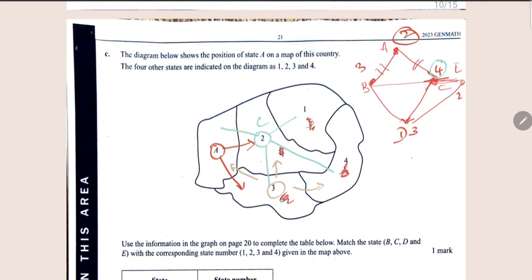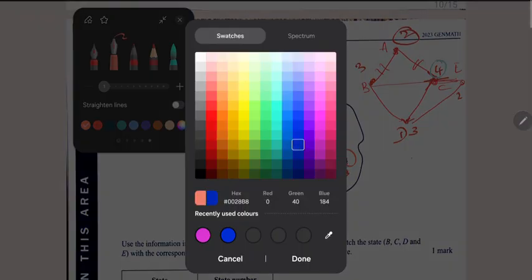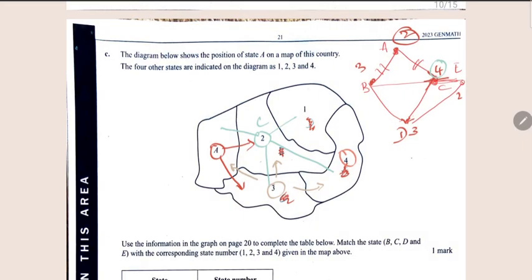And let's look at 4. 4 has 1, 2 and 3. So both these 3 and 4, it could be B or D, okay? B or D. Now that's not really helping me, is it?